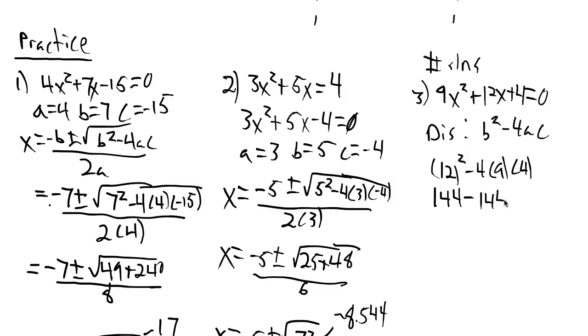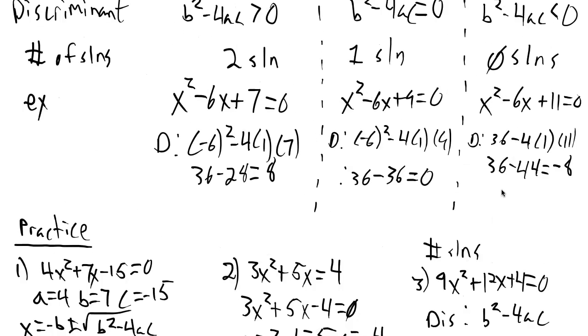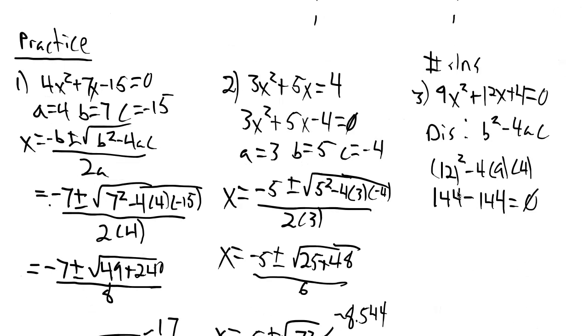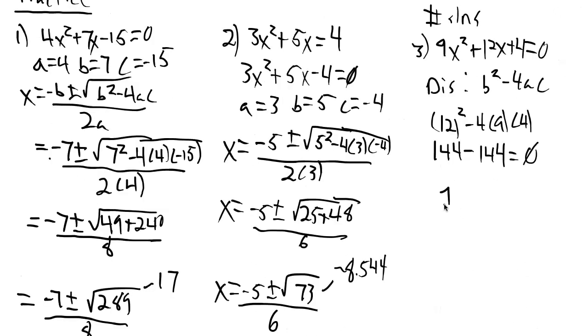So we get 144 minus 144, which equals 0. So if this equals 0, how many solutions do we have? We look back up here. If it equals 0, we have one solution. So our answer is we have one solution.